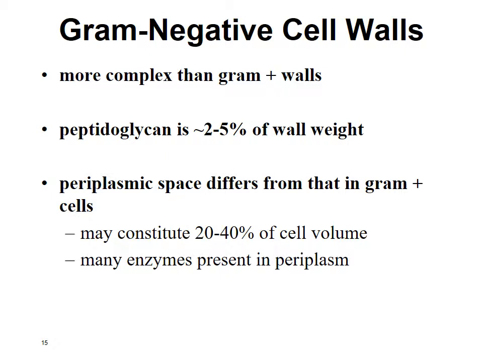The periplasmic space also differs from that found in gram-positive cells. The periplasmic space may constitute as much as 20 to 40% of the total cell volume. And unlike the gram-positive cell walls, there are many enzymes present in the periplasm of gram-negative cell walls.